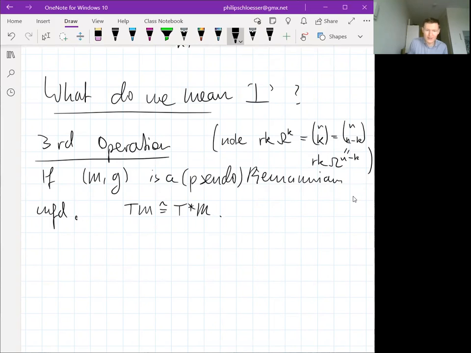So I'm going to give the expression in coordinates, because in this case I don't really know a better way.